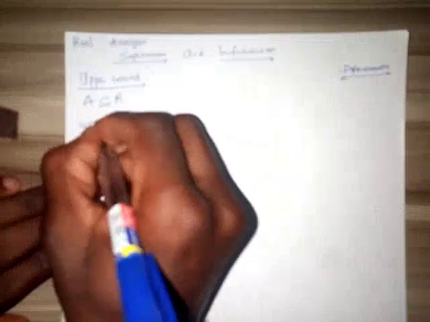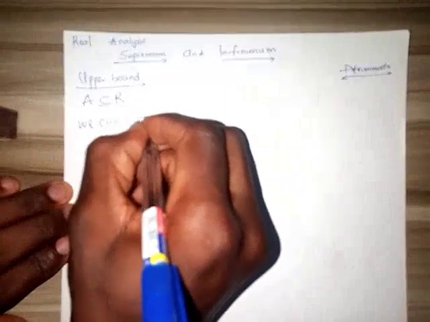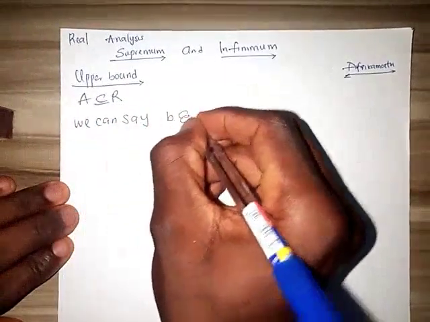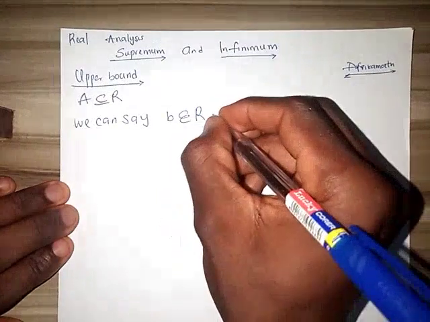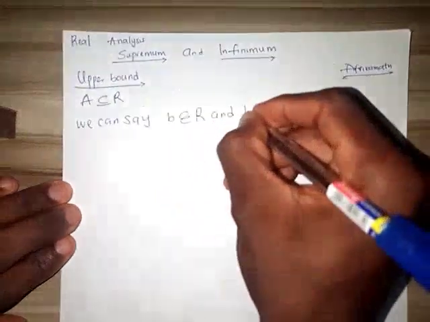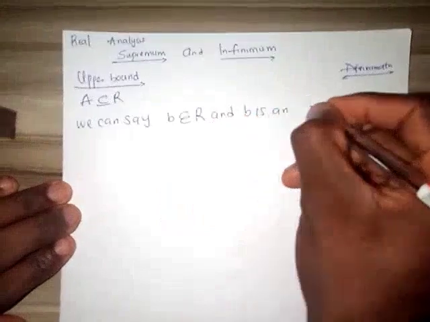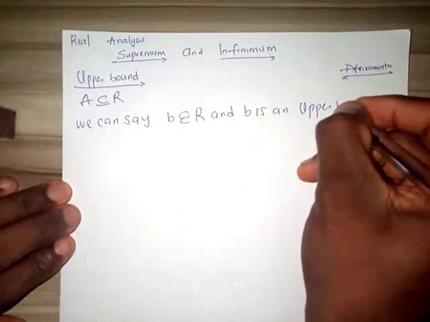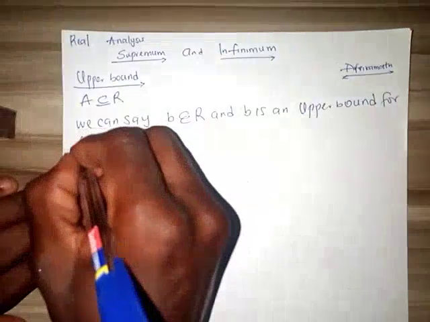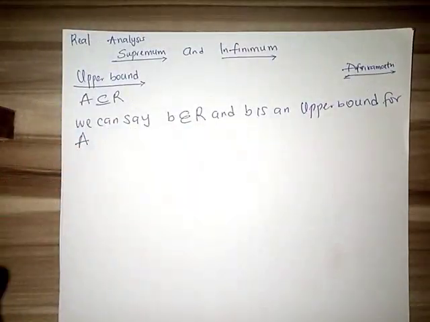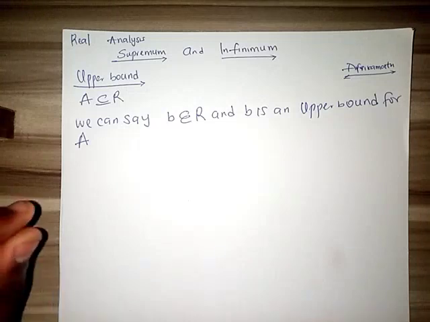Now, we can say B is an element of real numbers and B is an upper bound for A. You know, we said let A be a subset of what? Real numbers. That means we're talking about upper bound.